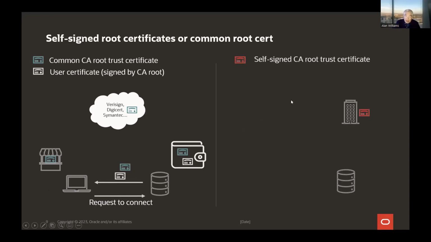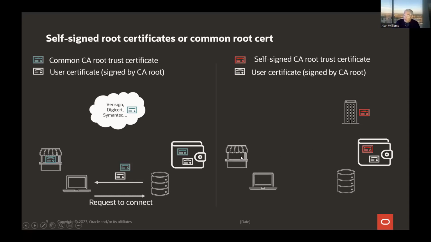If you use a self-signed cert, this is something an organization may select to do. They create their own CA root trust, and that will sign the server certificate. The server certificate still needs to be signed. The server certificate is not self-signed. It's still signed by a root CA trust. The trust store on the client doesn't automatically have that.